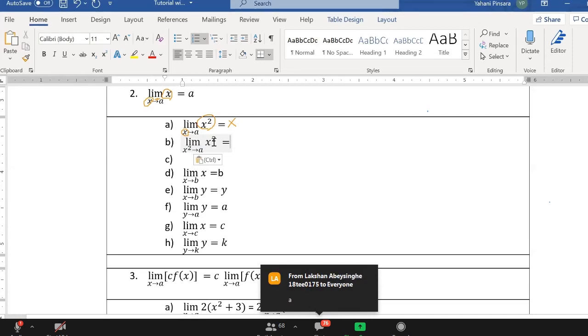All of the people have answered the question properly. So here you have x to the power 2, here you have x to the power 2, and x to the power 2 approaches a. So the answer should also be a, right? Correct. I think that thing is also clear for you.